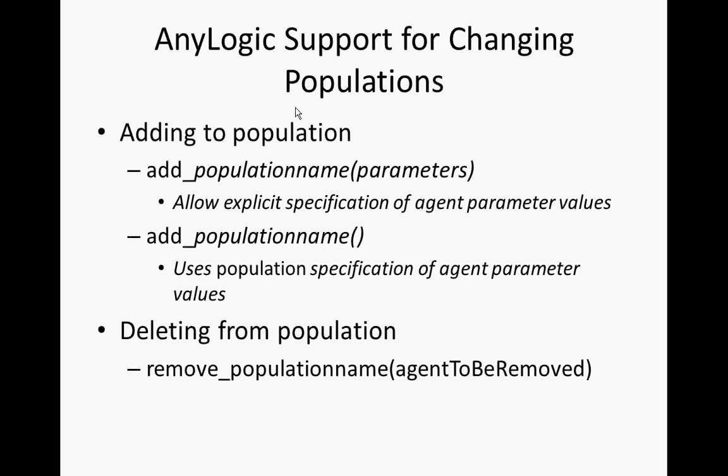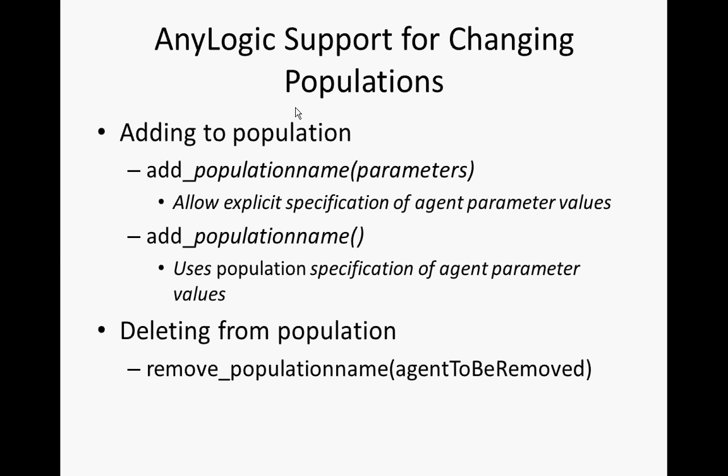You could do that with no parameters, in which you just add someone with default characteristics as given by the population specification. Or you can actually provide parameters that explicitly specify the assumptions about the person who's to be introduced into the population. For example, specifying perhaps their age, their ethnicity, or their sex, or what have you. Okay? We're going to be taking advantage of that.